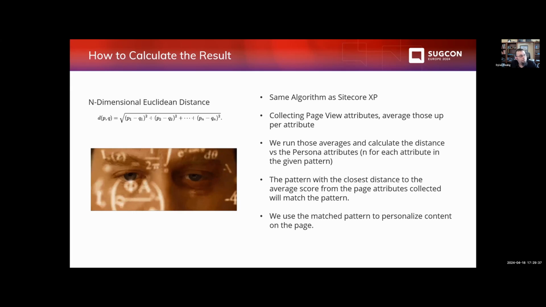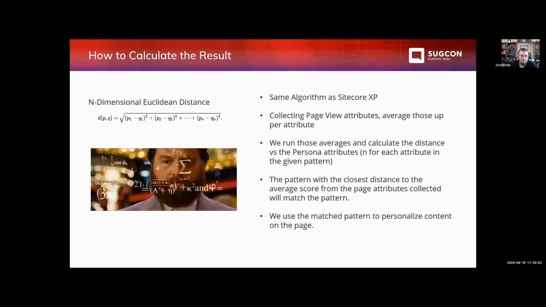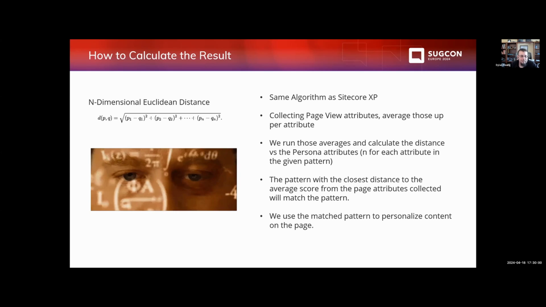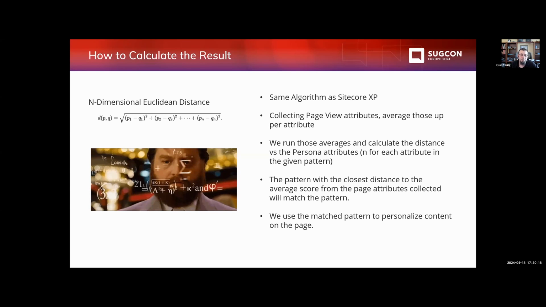Also, there's more involved in the calculation for XP. I know Sitecore brings in decay rate. I don't calculate decay rate, but decay rate is essentially a way to handle the fact that as somebody navigates to multitudes of pages, after some point, without a mechanism like that, the persona that it tags the user as never changes, because it gets to a score where it's really hard to change your persona to something else.